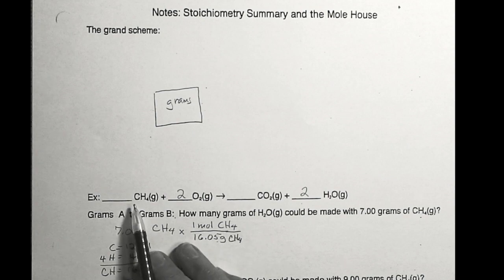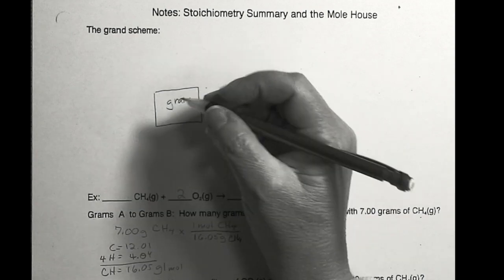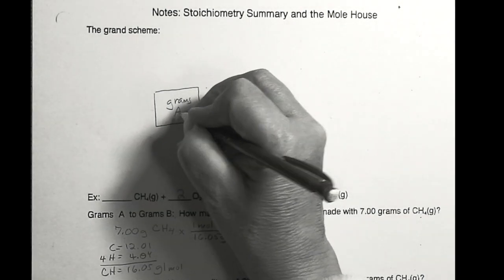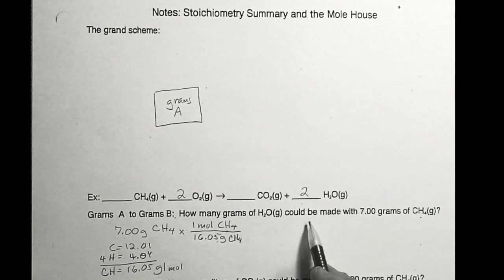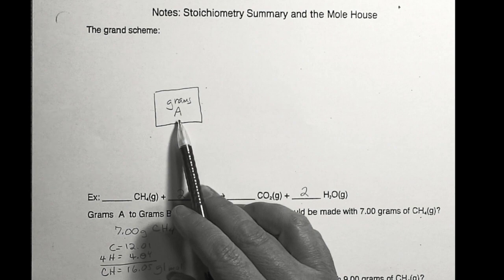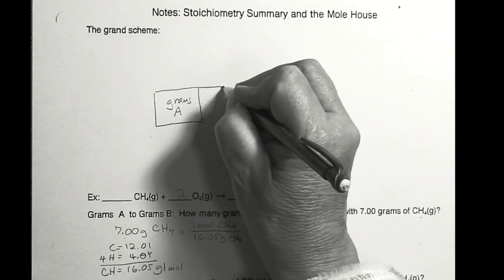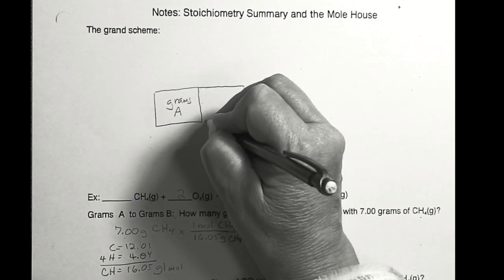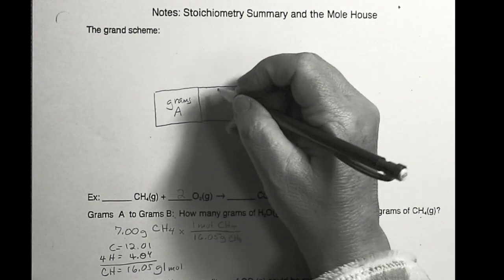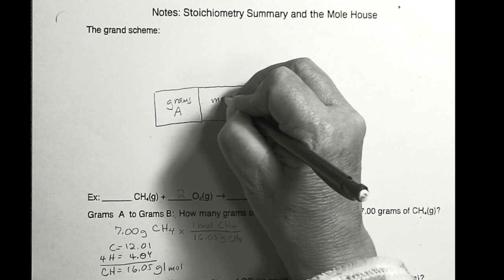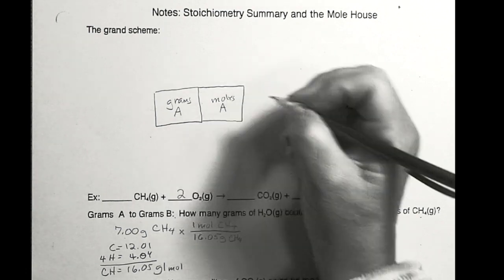So I'm going to say the first kind of molecule is A, and the second kind of molecule will always be B. So we're starting with grams of one thing, and we just changed to moles of that. So we've gone from one room to another room, and the name of this room is moles of A.